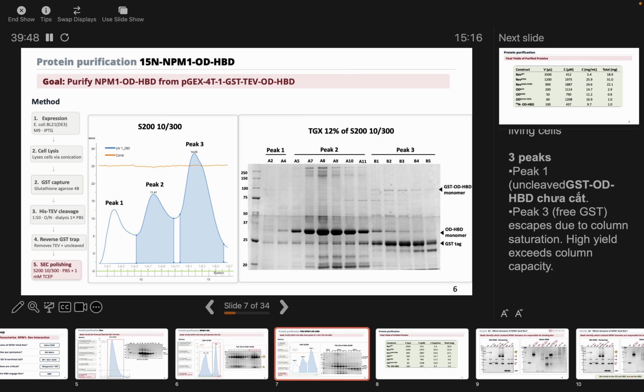So the second one is GST, the first one is ODHBD monomer. And in peak 1, it's weird because maybe it's the uncleaved protein, because we have a band around 100.